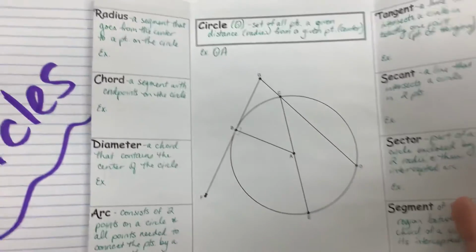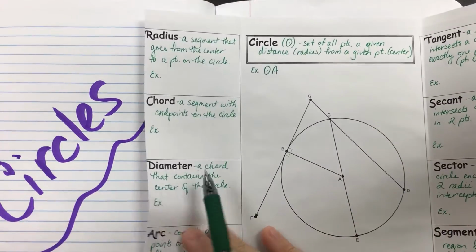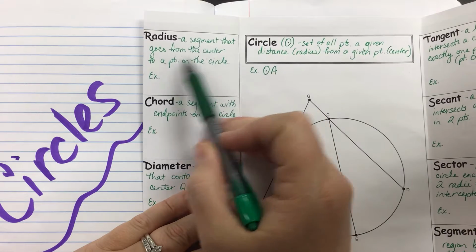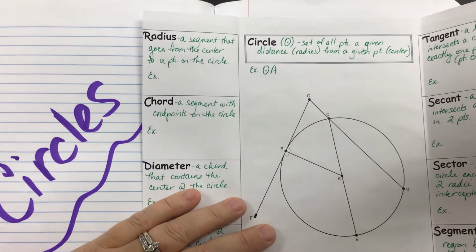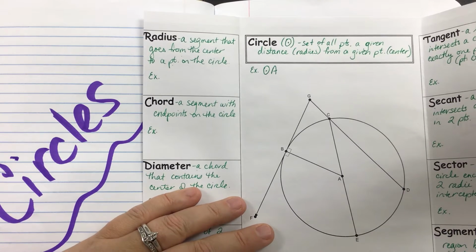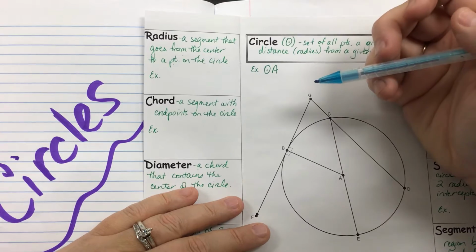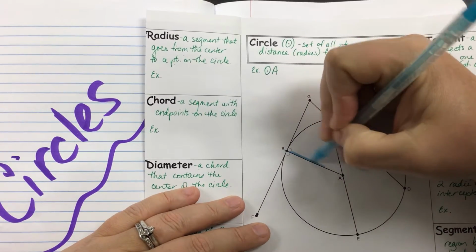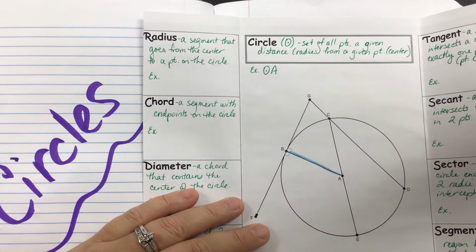Okay, so continuing with our vocabulary. The first word we have on the left is radius. A radius is a segment that goes from the center to a point on the circle. Again, it's a segment. In this picture, I have a couple different choices, but one of them would be segment AB that I traced in blue.